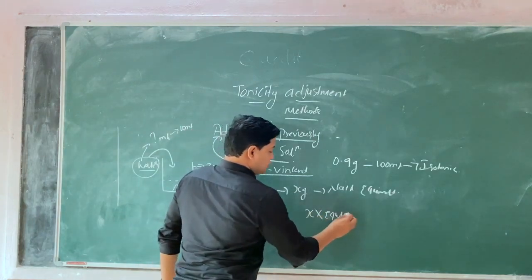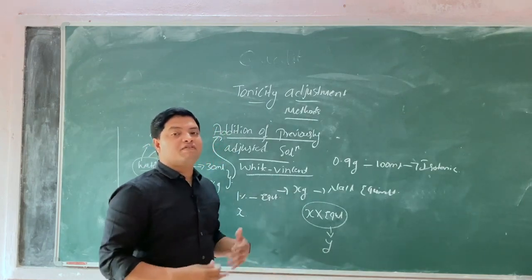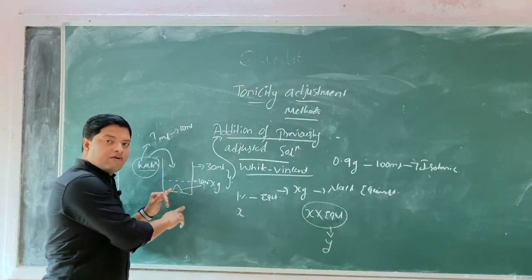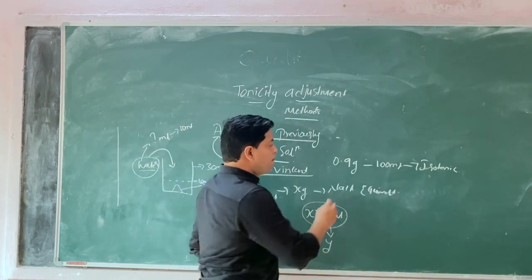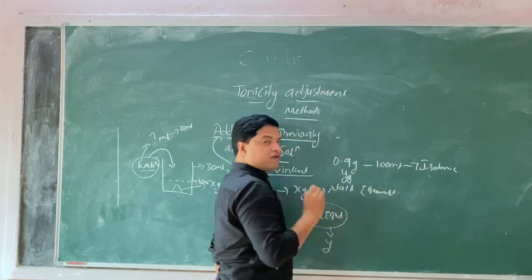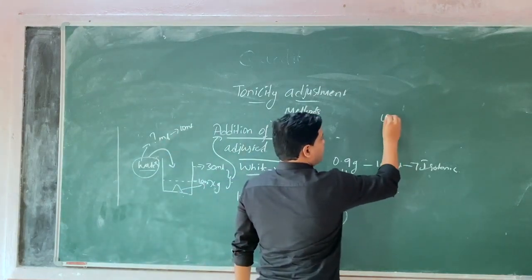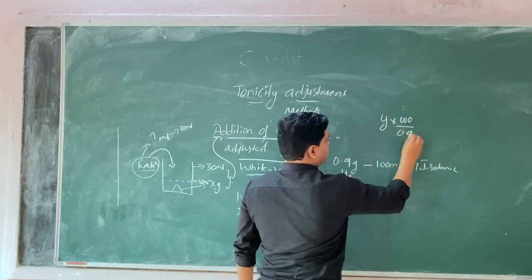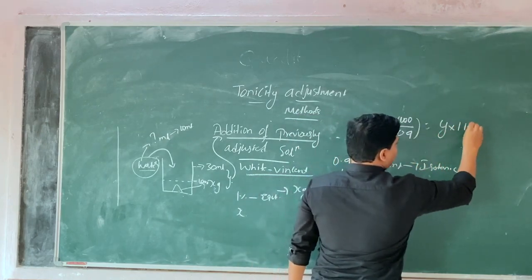Assume this is Y. So Y grams of NaCl is present with us here. Actually we don't have NaCl here, we have drug. We converted drug into equivalent NaCl and got Y grams of NaCl. Now 0.9 gram of NaCl in 100 ml gives isotonic. For Y gram, how many ml of water do I need to add? Cross multiply, you will get Y into 100 divided by 0.9, which is Y into 111.11.